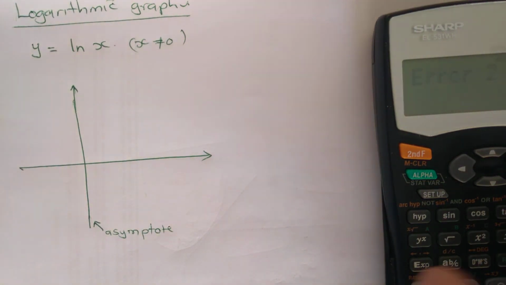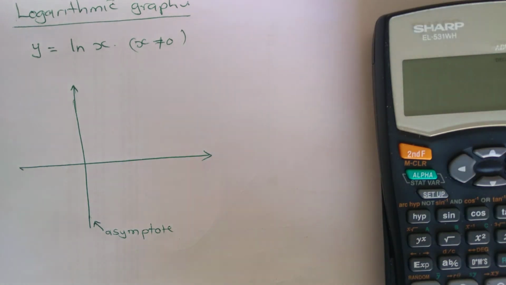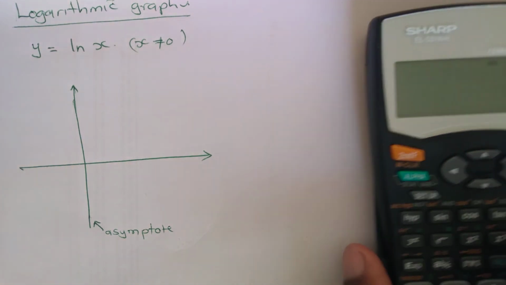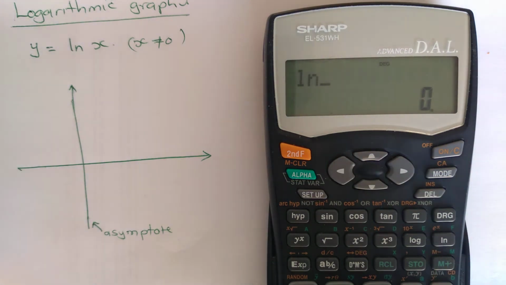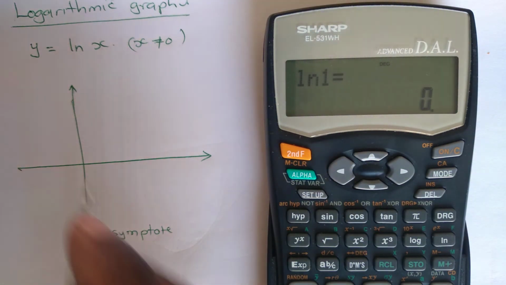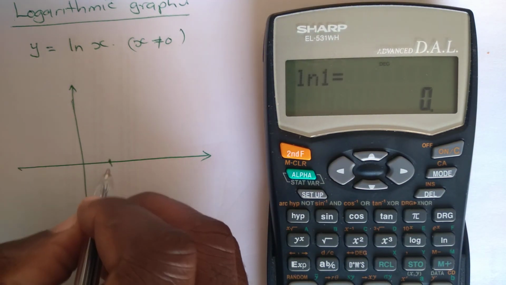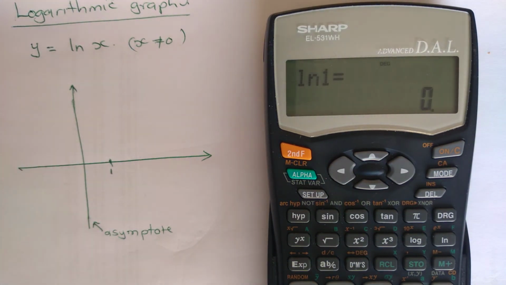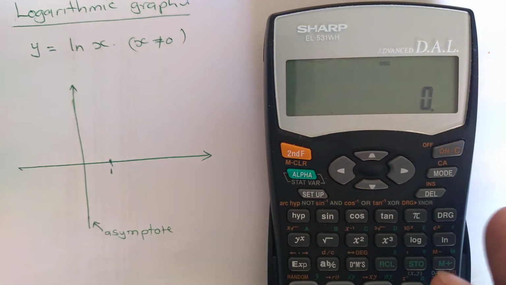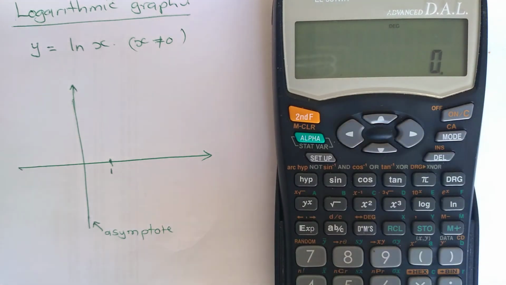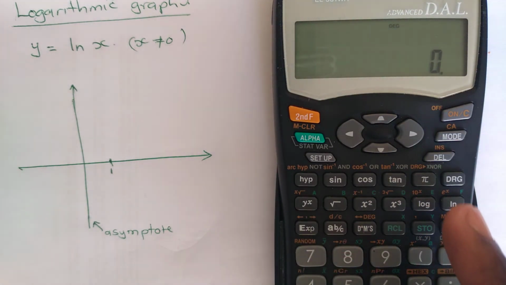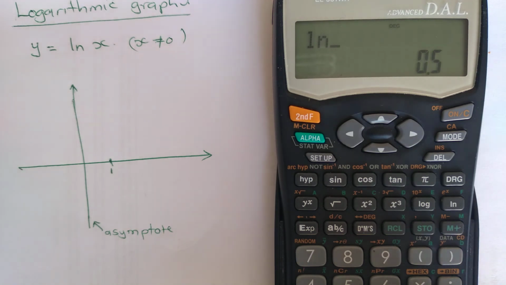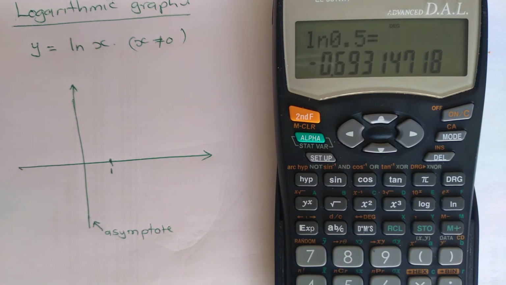Right, what about if x is 1? So ln 1, the logarithm of 1, is 0. So it's going to be there. So when x is 1, y is 0. What about other values? If x, say, is half, so you've got ln 0.5, you get negative values.